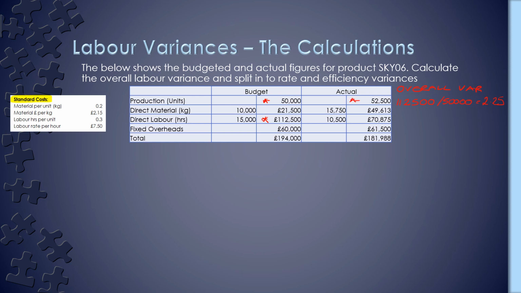Then we're going to use our actual units that we produced, multiply it by our £2.25, and that gives us £118,125.